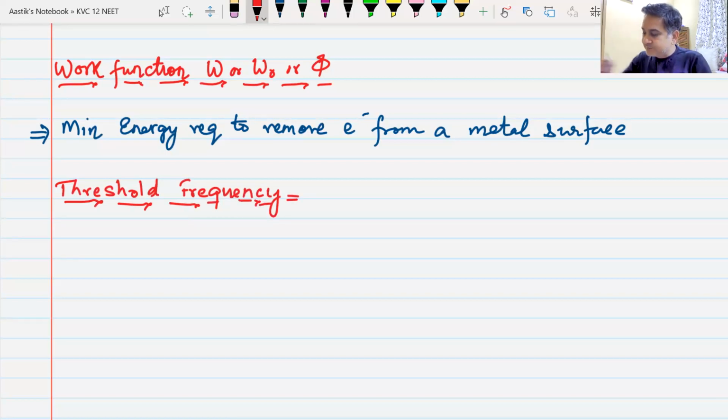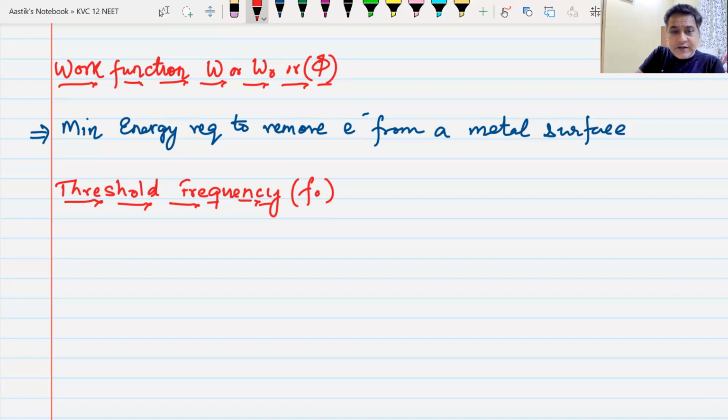What do you understand by this threshold frequency? This is normally denoted by the letter f naught. Any idea what the threshold frequency is?